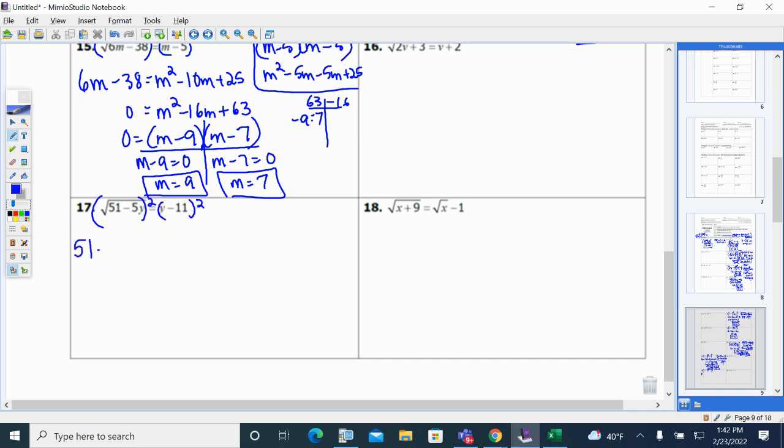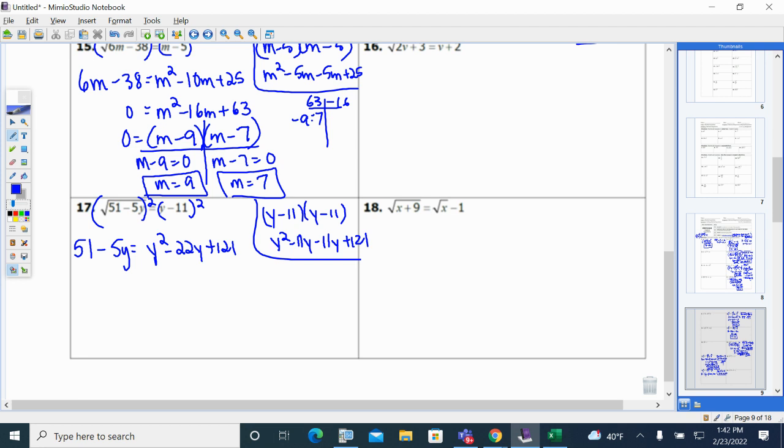Then I get 51 minus 5y equals, and then when we square our y minus 11, we get y squared minus 11y minus 11y plus 121, which gives me y squared minus 22y plus 121. That may take you a minute to get used to doing that, but you're just squaring a binomial.